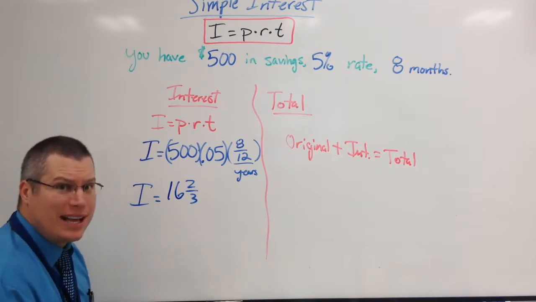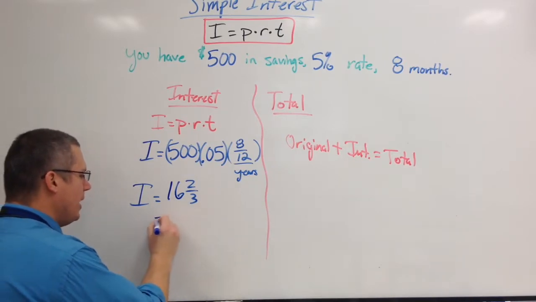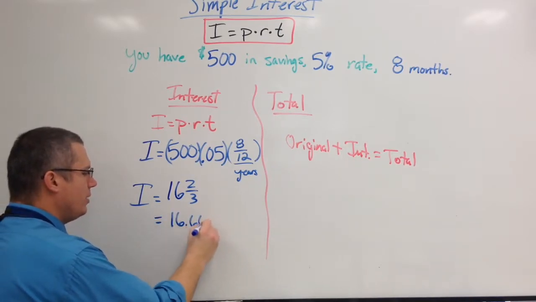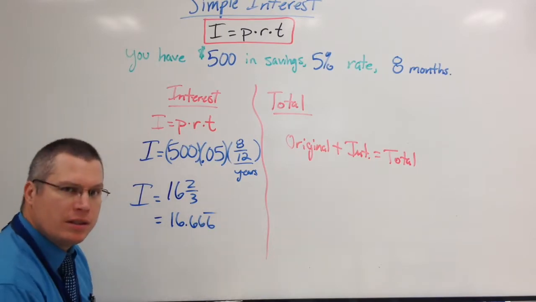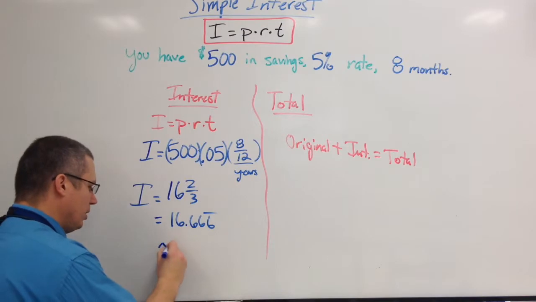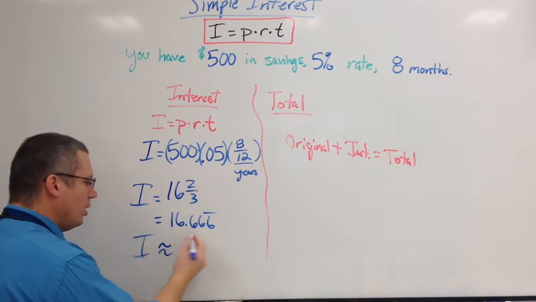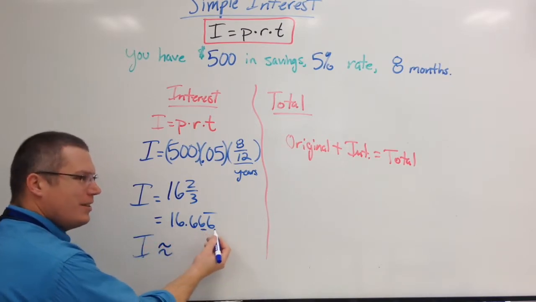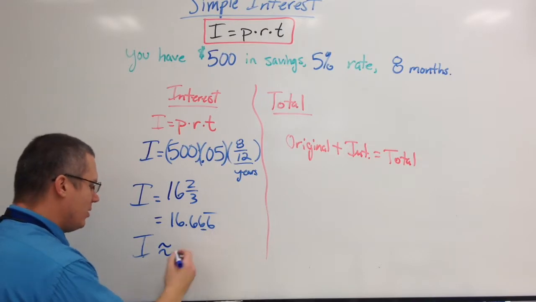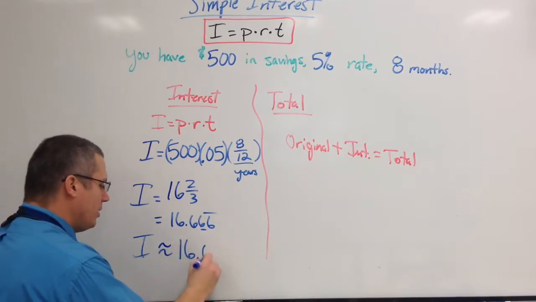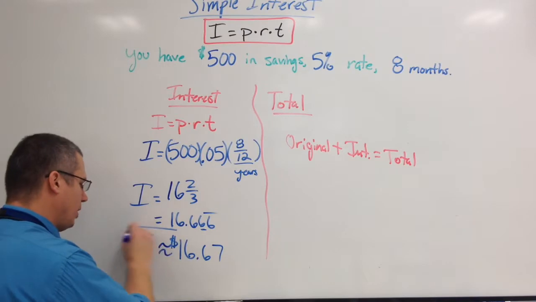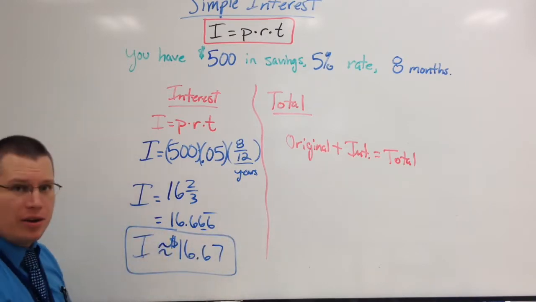Let's see, 2/3 as a decimal. Well, that's the same thing as 16.666 repeating. It's money, so I have to round to the nearest penny. So I'm going to round 6. There's a 6 after it, so that rounds that 6 to a 7. $16.67 is how much interest I earned.